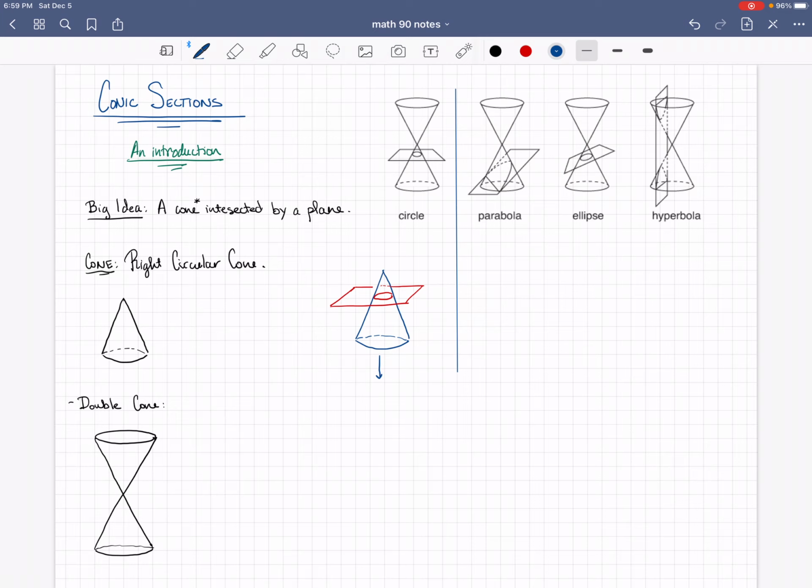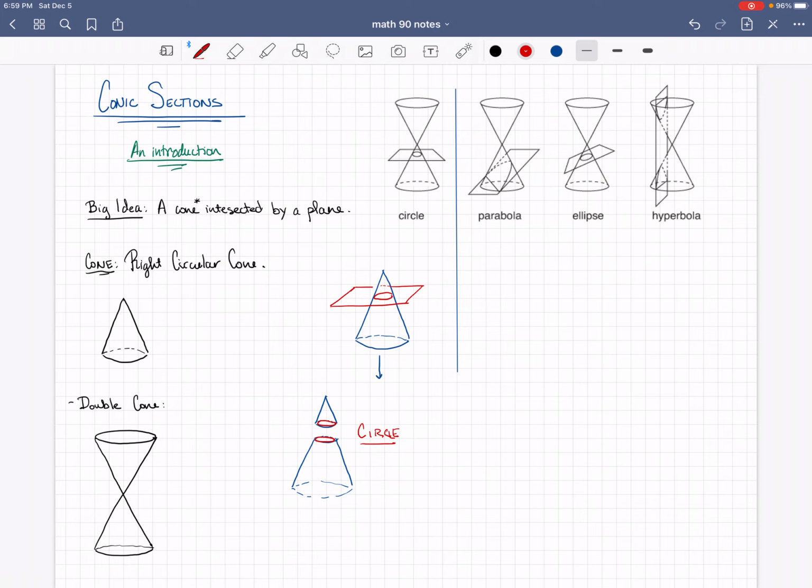So you'll see that you have the little top of the cone, right? And then you have sort of the rest of the cone. It's actually called the frustum, which is a piece of a cone that doesn't have a top. Okay, and so what you're noticing is that this piece here and this piece here is a circle. Okay, so a circle is one of the conic sections.